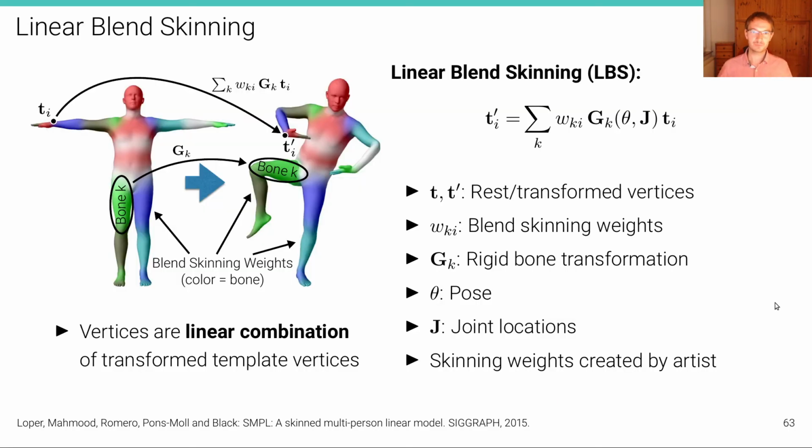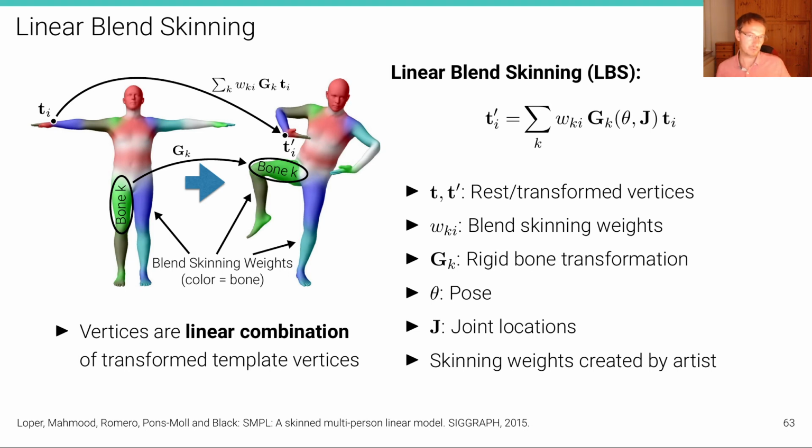However, of course, as initially explained, we do not have all of these observations registered into the same coordinate frame. And so we have to solve this chicken and egg problem, where we are solving for both the registration and the model parameters jointly. And that's what SMPL does.